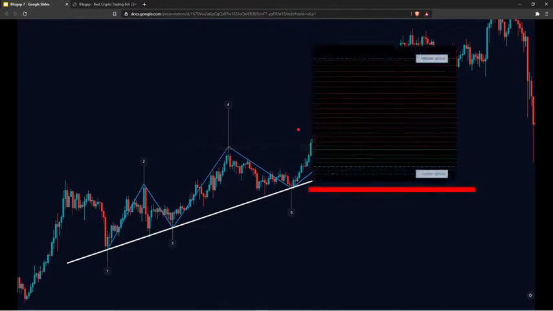So the configuration looks like this. And of course, the stop loss is going to be below the support line. So always make sure you have the stop loss to mitigate your loss. And yeah, so those are the 2 strategies for the classic bot.